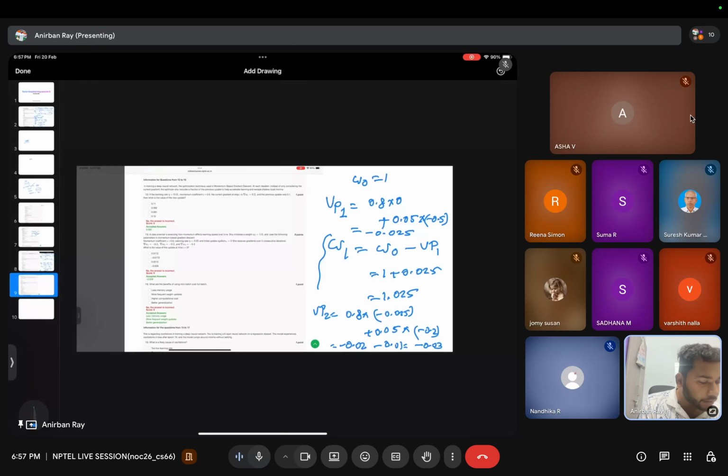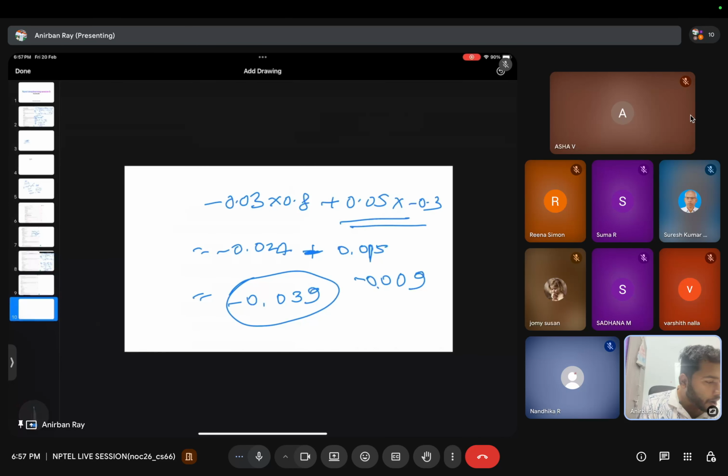So we're just going to use it. I think the answer is wrong here because, as you can see, this is a straightforward thing. If this was plus 0.3, we'd get the answer. But I think I've done it correctly.